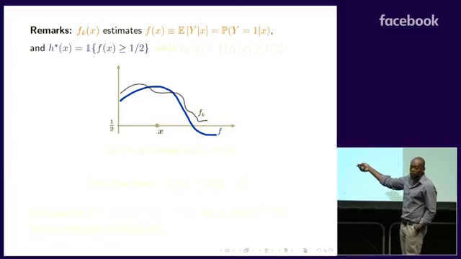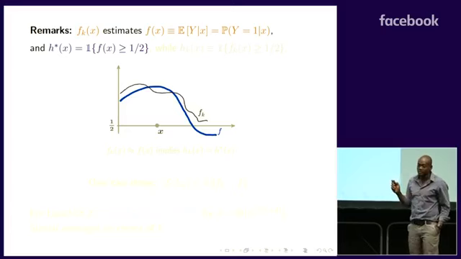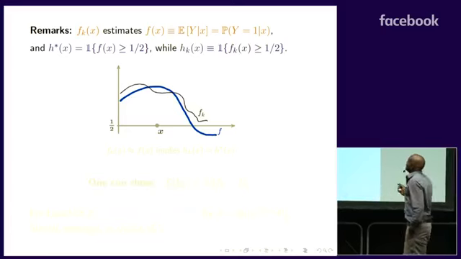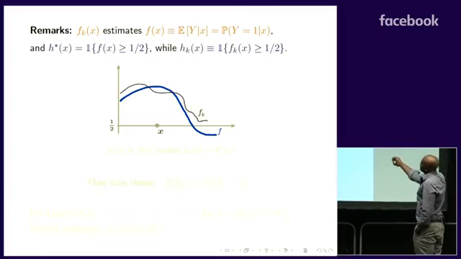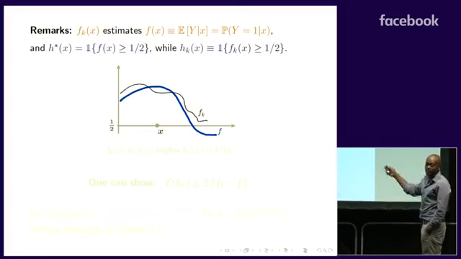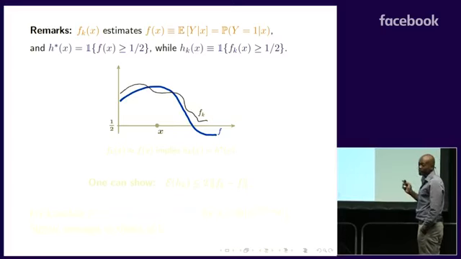The best possible classifier says 1 whenever f of x is greater than 1/2. In other words, it says 1 whenever the probability that y is equal to 1 is highest. Okay? Now, notice that the nearest neighbor classifier is just mimicking h star.